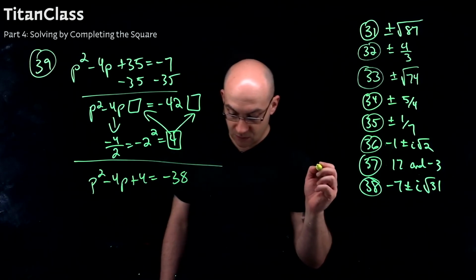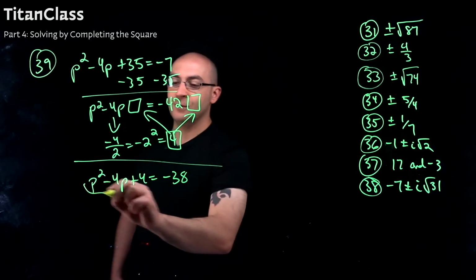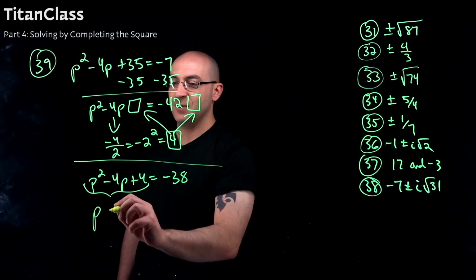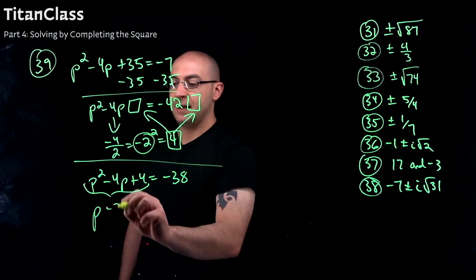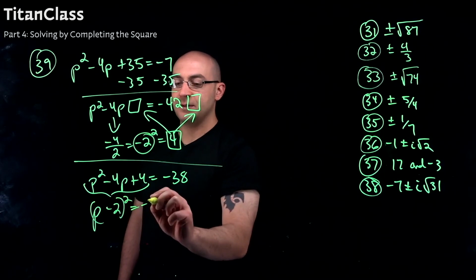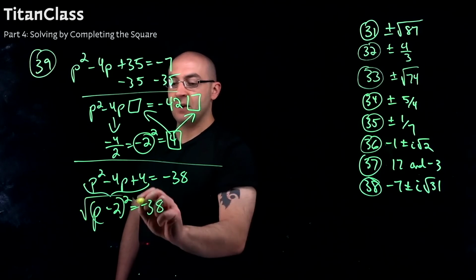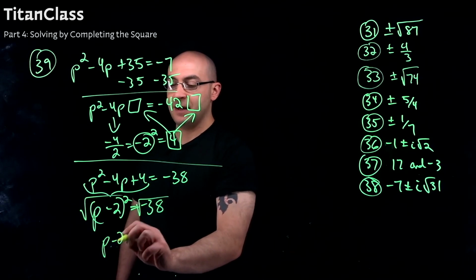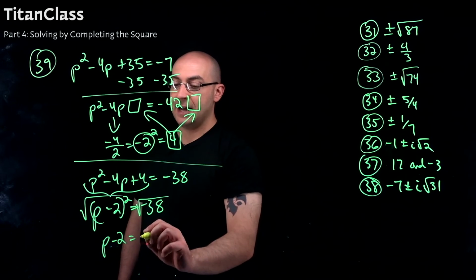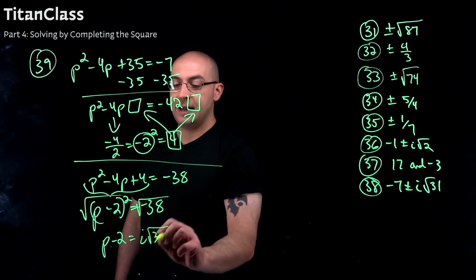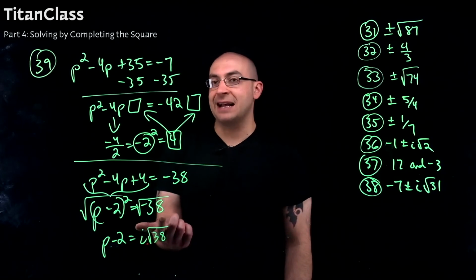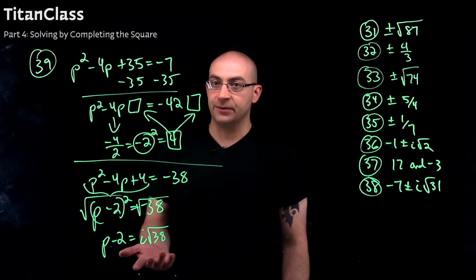Okay, so yuck. We'll factor the left-hand side, so p minus 2 squared equals negative 38. Square rooting both sides is going to give me p minus 2 equals, remember it's i root 38, and it's just 38 still because I cannot take a perfect square factor out of 38.